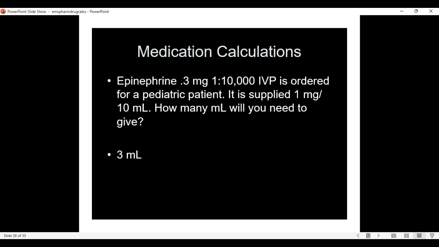So I want to take that 0.1 times 0.3, it's going to give me 3 mLs.